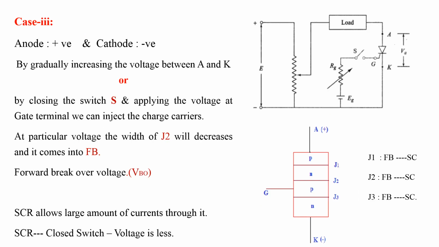Coming to the third case, this case is somewhat interesting. In this case also, we are going to apply the positive voltage across anode and cathode. After applying the positive voltage, by keeping the switches open, we are going to gradually increase this positive voltage across anode and cathode, or by keeping this positive voltage constant and closing this switch, we are going to inject the charge carriers by using this external voltage source.